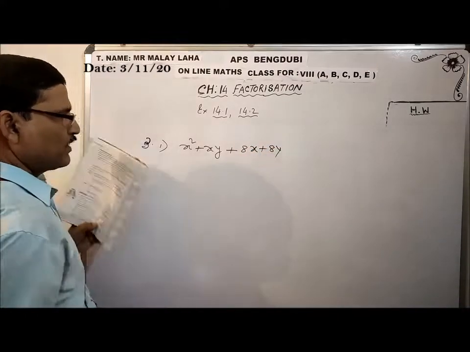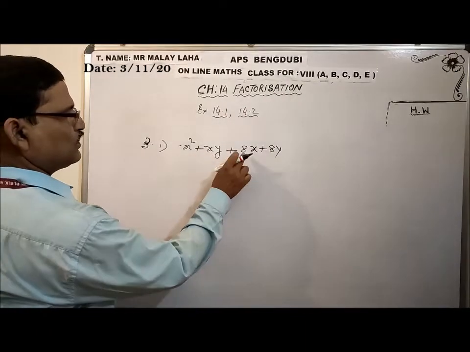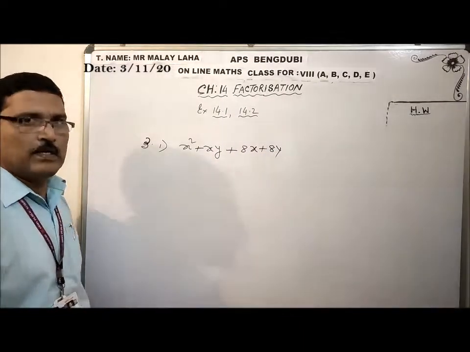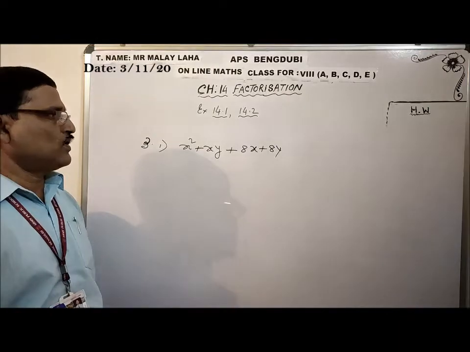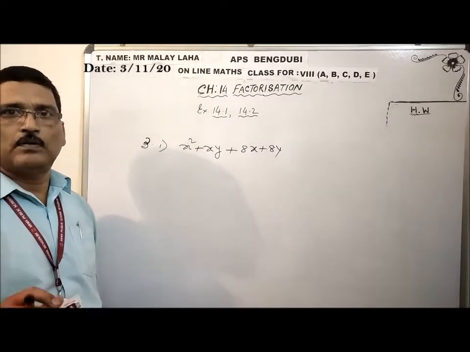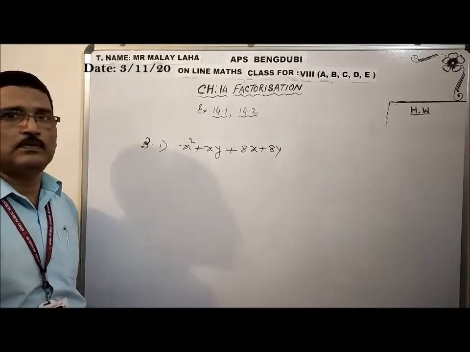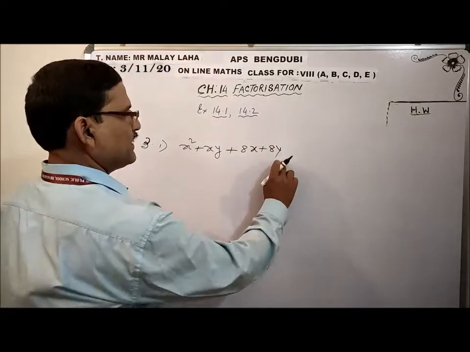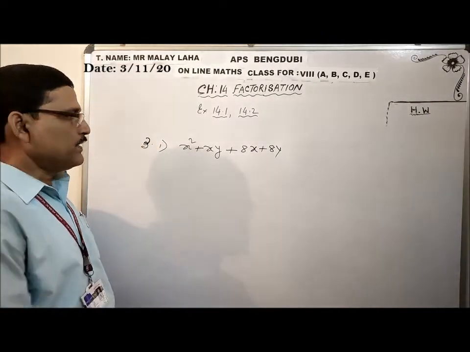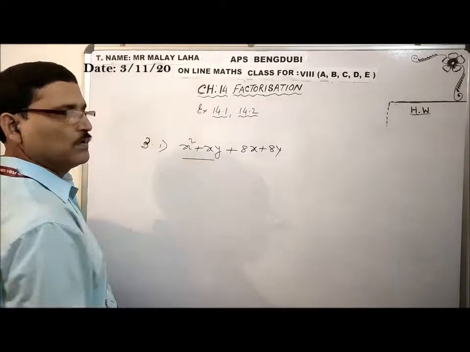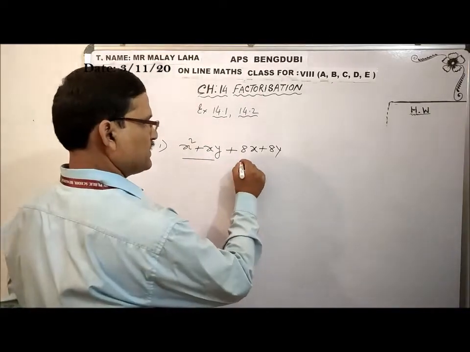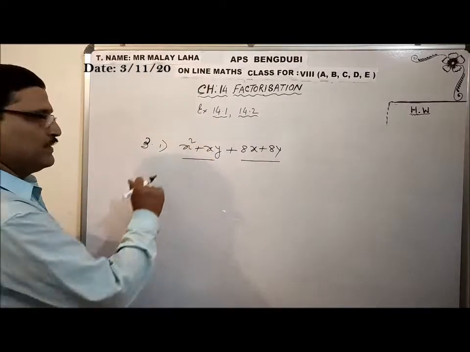You see, 4 terms. If you want a common factor from all at a time, it may be literal or numerical, it is not possible. At a time, I cannot take anything common from all 4. But if I group these 2, and group these 2, easily I can take common.